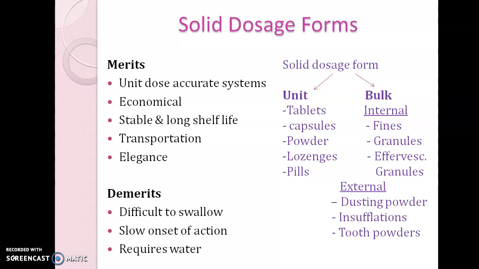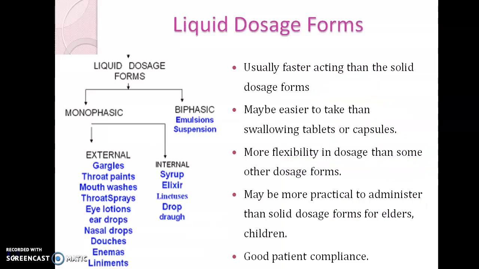In unit dosage forms, we have tablets, capsules, powder sachets, lozenges, pills. Whereas bulk dosage forms can be further classified into internal and external dosage forms. In internal, we have fine powders, granules, effervescent granules, whereas in external bulk dosage forms, we have dusting powders, insufflations, tooth powders.